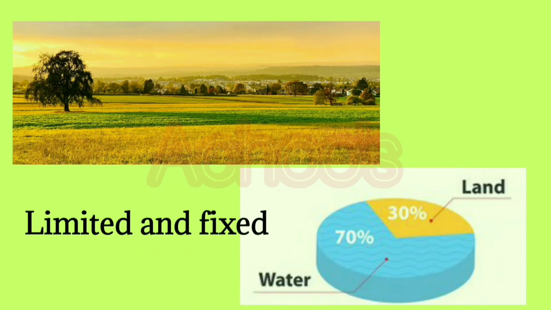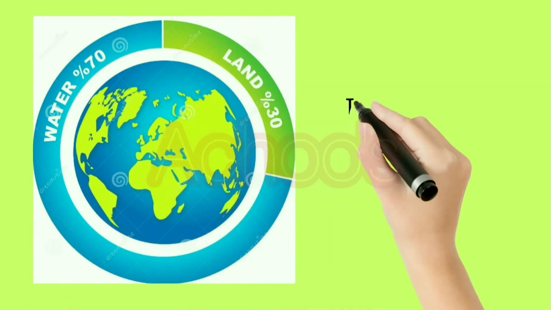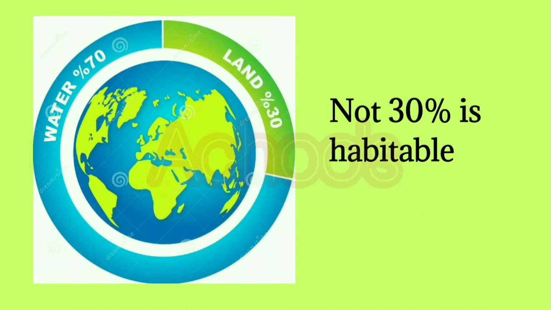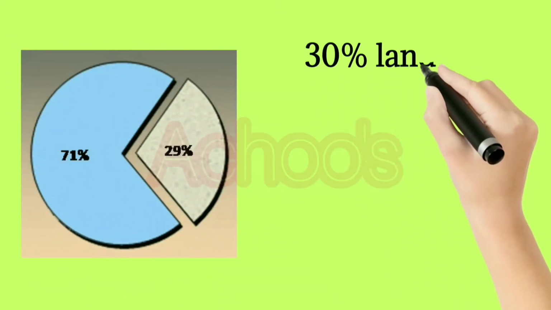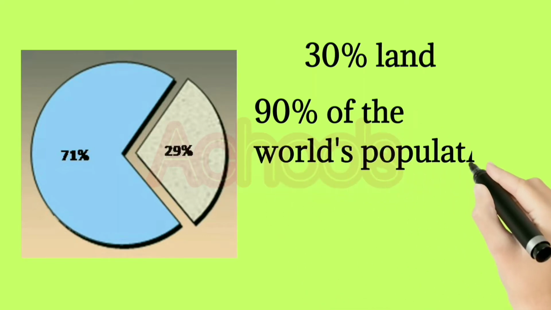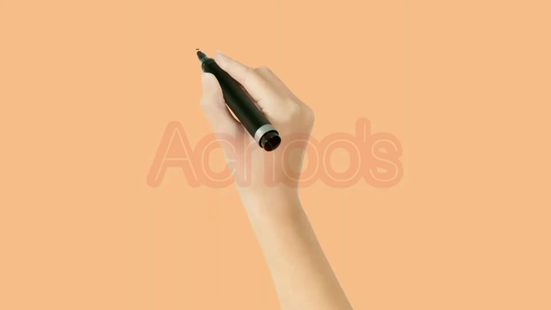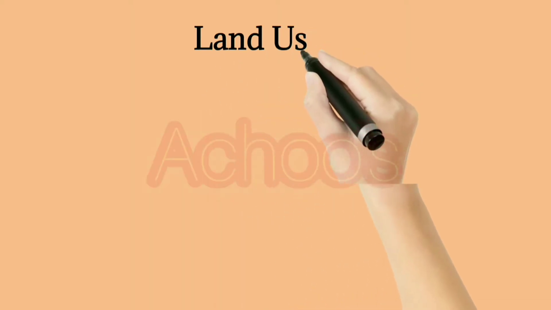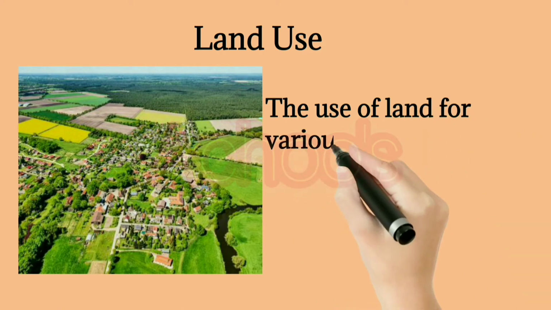Here children, out of 30%, not all the 30% is habitable, and that land is used by 90% of the world's population. And the next term is land use. What does it mean? The use of land for various purposes.